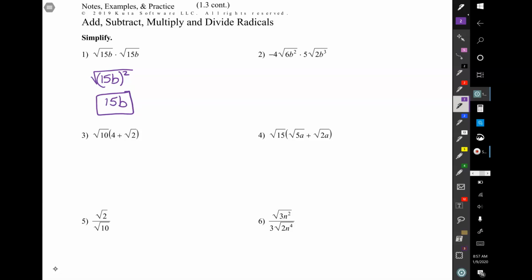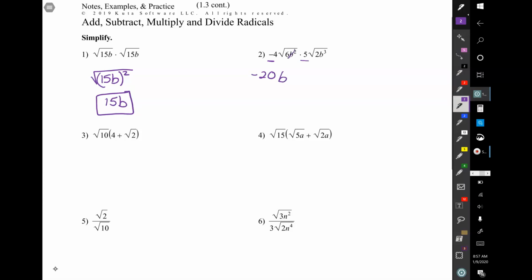So we are going to look for some obvious things that will pull out, and then we'll see what else we can catch once we multiply any additional factors left in there. If I look at the coefficients, the factors that aren't under the radical sign, we are going to have -4 times 5, so that's -20. I could also simplify out this square root of b squared and just write b. So I've got that one out.